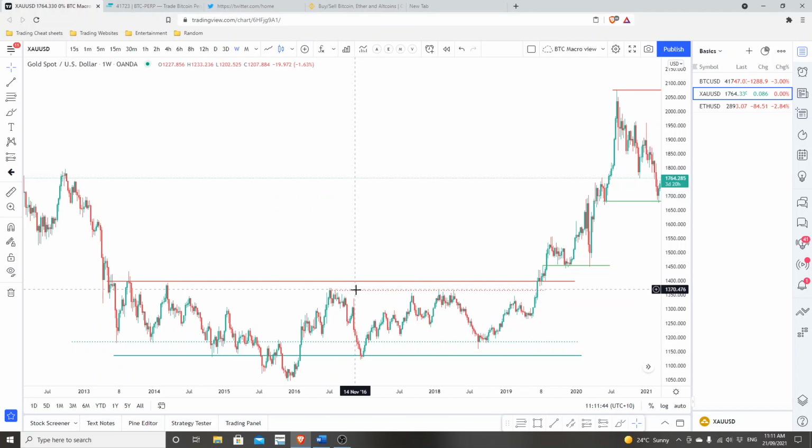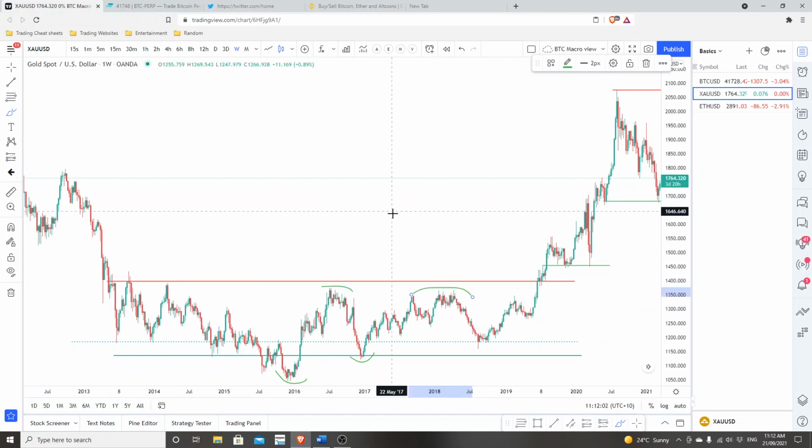Swing points, that's what we're looking for. Swing highs, swing lows. Swing low, swing high. Swing low. Do we break above our swing high? No. So that's still the swing high there. We get another, that's the highest swing high. Another swing low, swing high, swing low, and we break up.